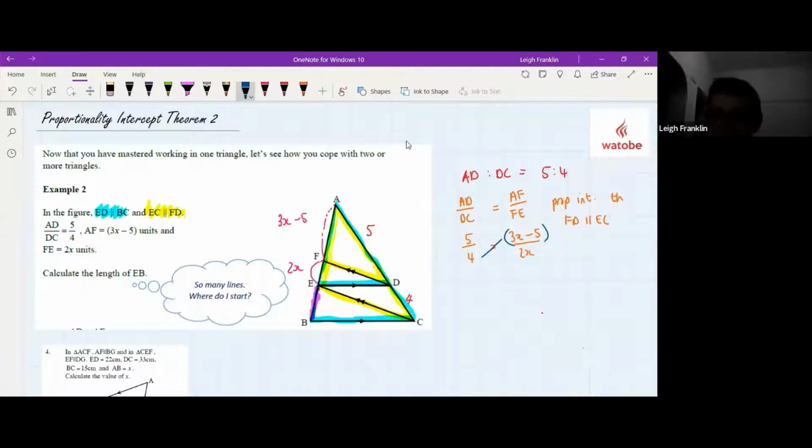All right, and I need to cross multiply 2x with 5 as well. So 2x times 5 is 10x. 4 times 3x minus 5, let's just get that down. So 10x is going to be equal to 12x minus 20.